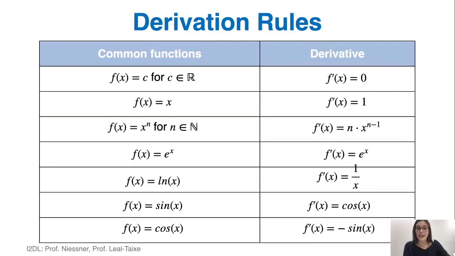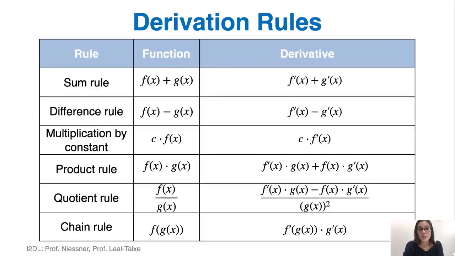On the following two slides, I summarized the most important rules when it comes to derivation. So here on the first slide, I included the most common functions and the respective derivatives. On the second slide, I included the rules when it comes to a combination of two functions. So when you have a combination like the multiplication between two functions, so f of x times g of x, for example, you need to follow the product rule in order to determine the derivative.